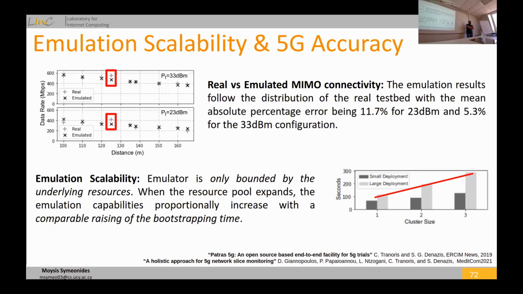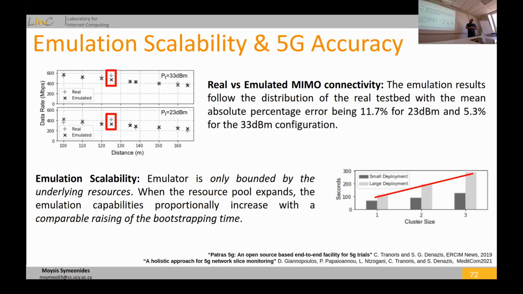Next, for connectivity accuracy of 5G networks, we measure the data rate between the radio units, the antennas, and the mobile nodes for a real testbed from Patras' 5G testbed for different distances from 100 meters to 170 meters.